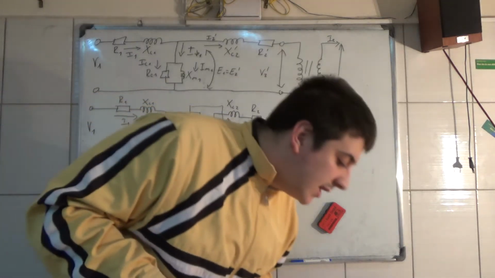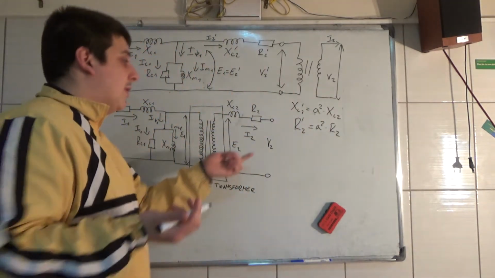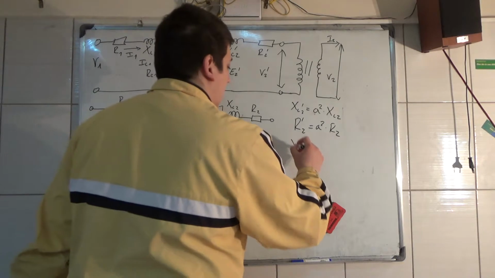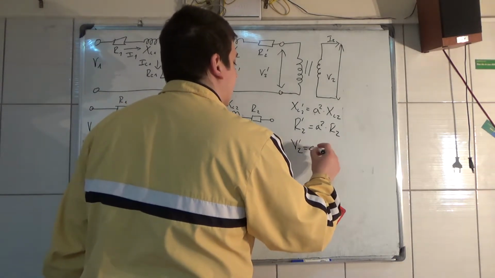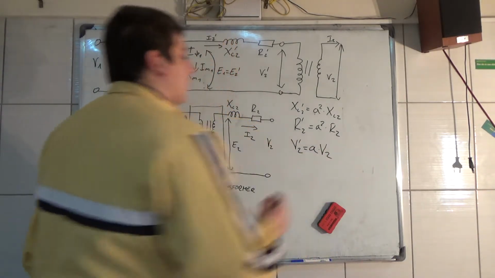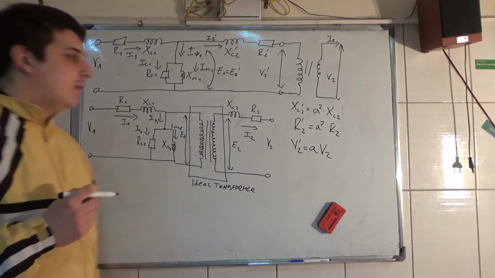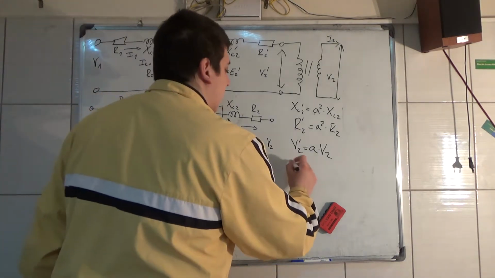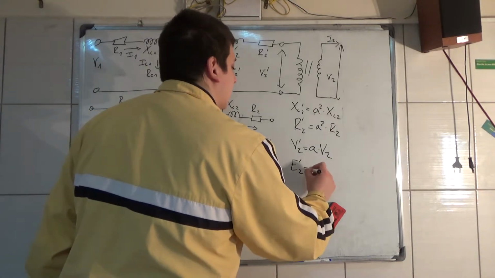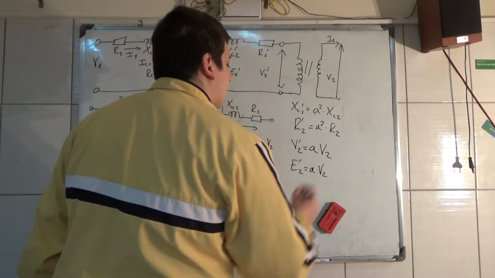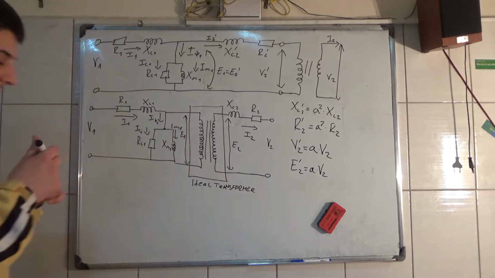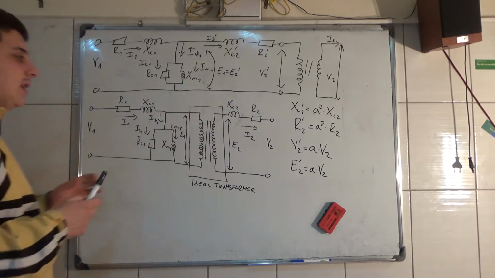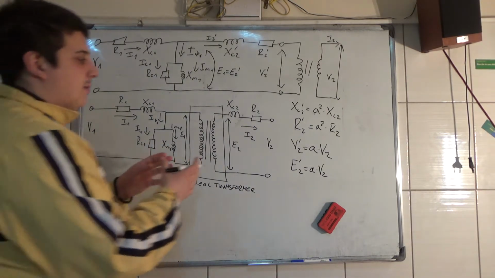Now the voltage transfers, when we transfer the voltage, it usually stays the same. And if you want to transfer the induced voltage, we also do that the same. So basically the voltages are the same.